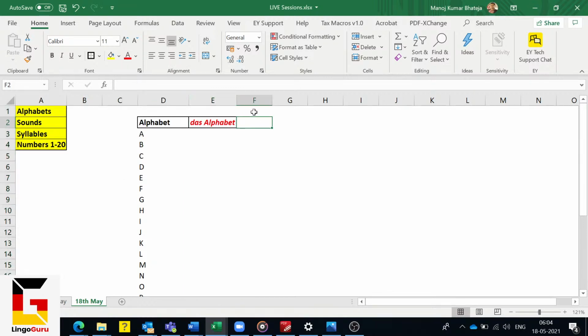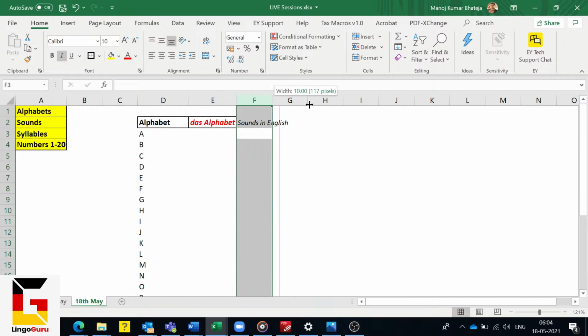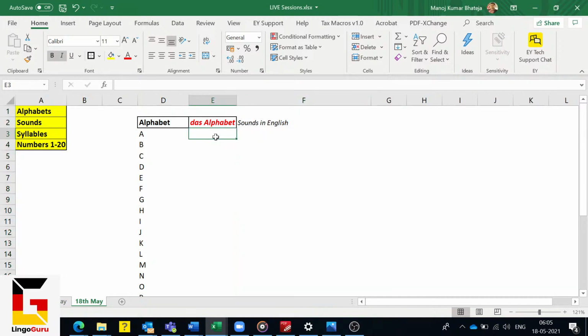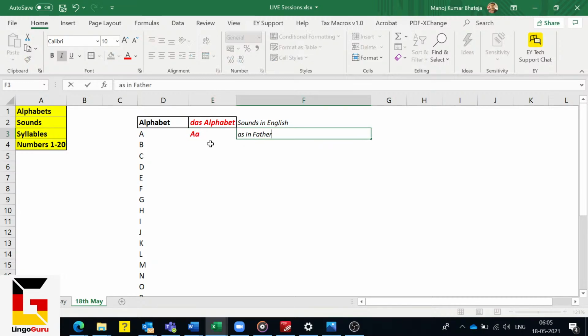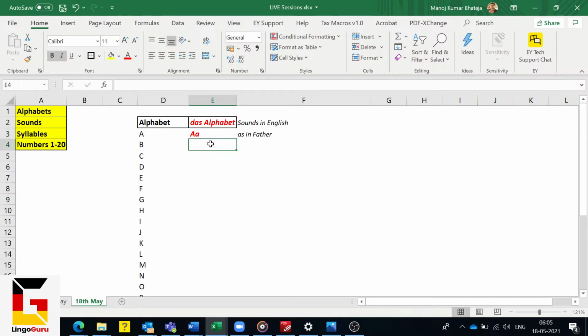Few are common, right? Let me write it here. Let's do it this way. All right. So in German, this A is known as A, as in father. This is the sound of our first vowel in German.